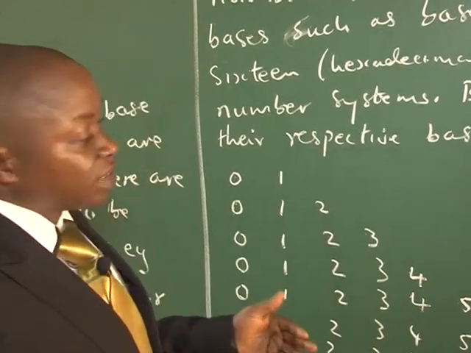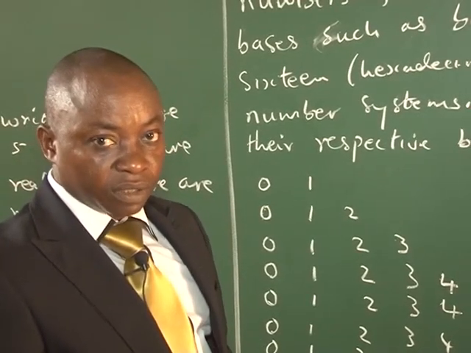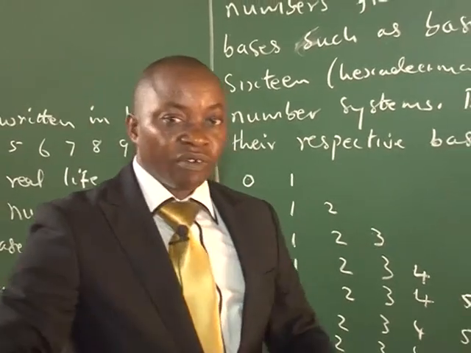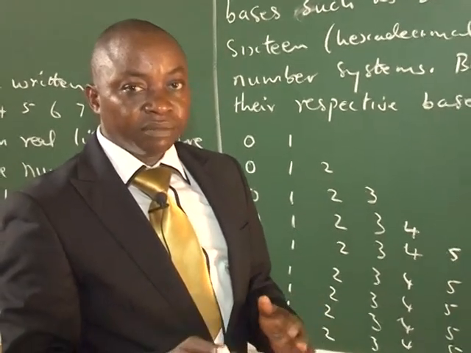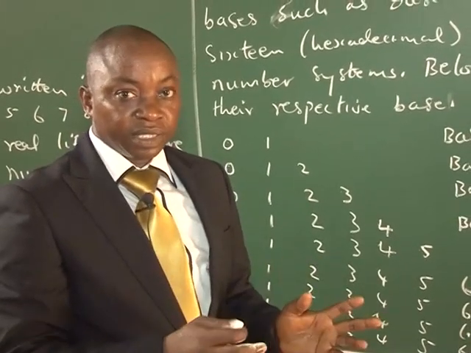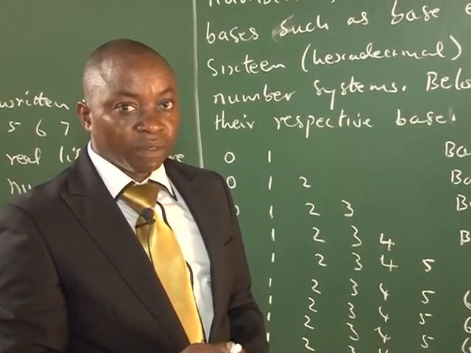So that is why it is very essential to convert numbers from one base to the other. Here we are going to start with how we can convert any given number to base 10.